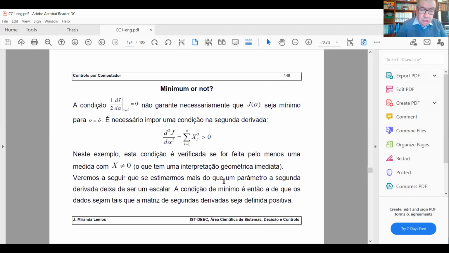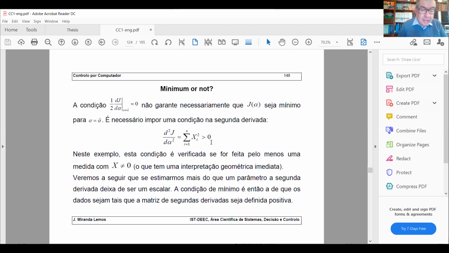Okay? And then I made a remark which is important, which is, does alpha correspond to a minimum of the functional? Well, you should look at the second derivative, and the second derivative is the sum of the squares of the independent variable. This is what I call, in more general situations, persistency of excitation condition.